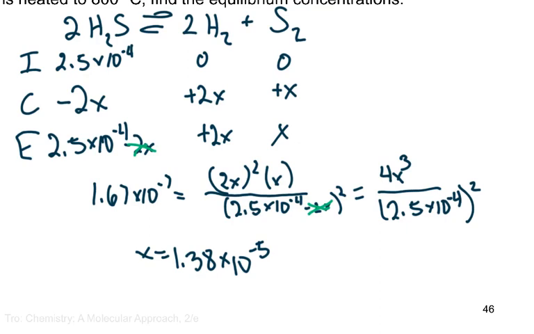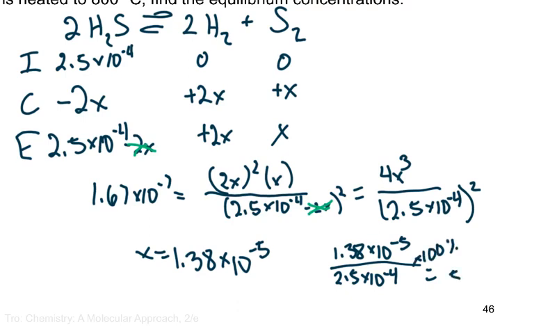which means that I need to check my x is small approximation, and in that case I'm going to take my x, 1.38 times 10 to the minus 5, divide by my initial 2.5 times 10 to the minus 4, and times 100%.